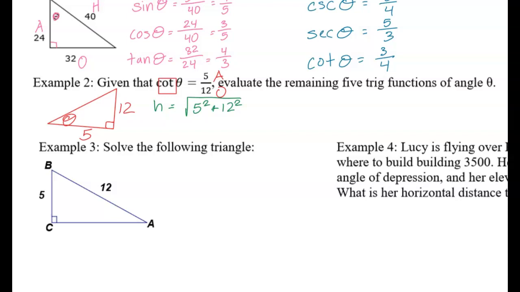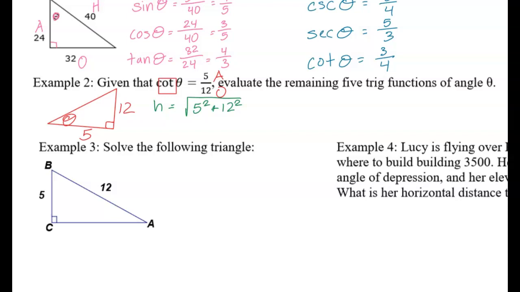Right, this is Pythagorean theorem. But you also could have noticed that this is a Pythagorean triple. 5, 12, 13, Pythagorean triple. 3, 4, 5, Pythagorean triple. Either you can do Pythagorean theorem or you can just memorize the Pythagorean triple.